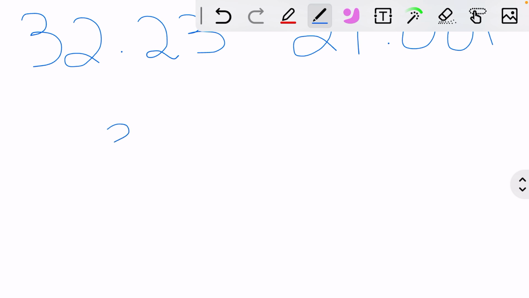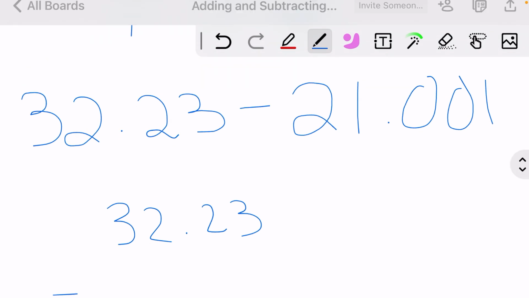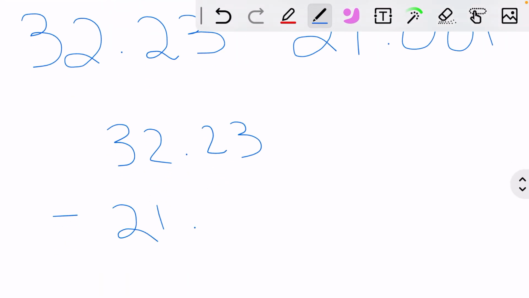So we've got 32.23, and then taking away 21.001.